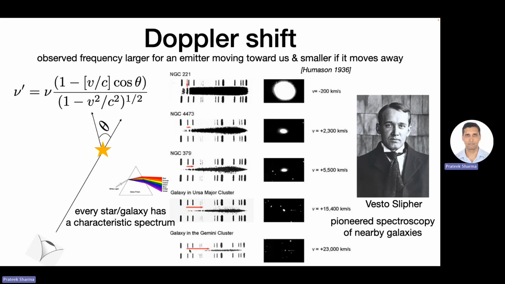Right. So the red arrow shows the shift in the observed spectrum relative to the reference spectrum. So these are reference spectra, right? The locations are the same for the top and bottom reference spectra shown here, right?